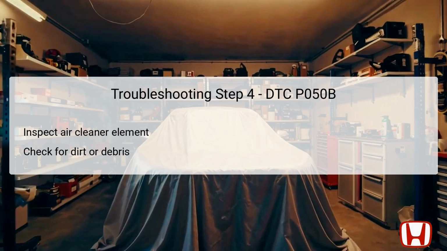During this inspection, remove any visible dirt or debris from the element and assess its condition. If the air cleaner element is excessively dirty, it should be replaced to ensure that clean air is delivered to the engine. Proper maintenance of the air cleaner is essential for ongoing performance, especially in environments with high dust or pollutant levels.